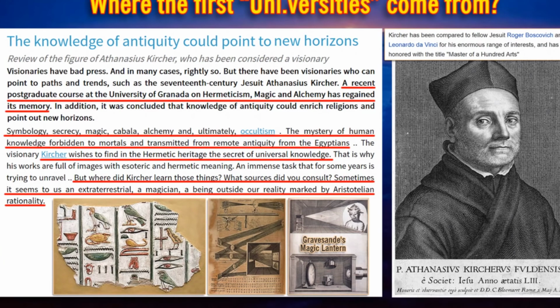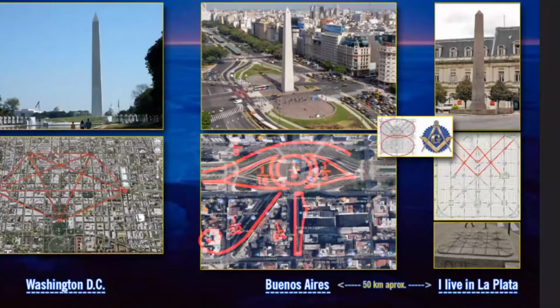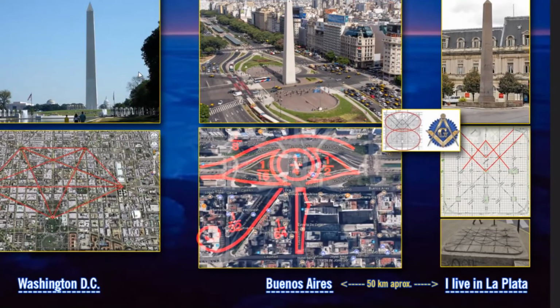Yeah, I am looking for the picture just to illustrate myself when I speak. This is my city. This is the city of Washington. You can see here the pentagram, and this is the city of Buenos Aires, which is the capital of my country, of Argentina. In the middle of the capital of my country, you have this huge obelisk.